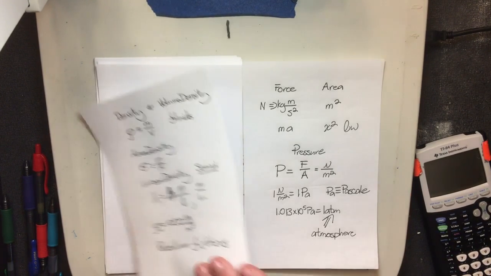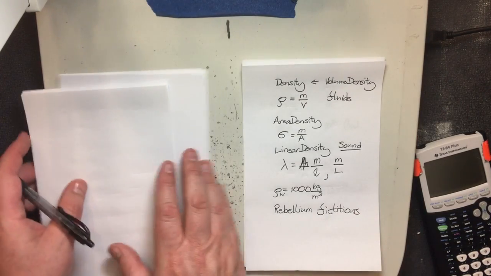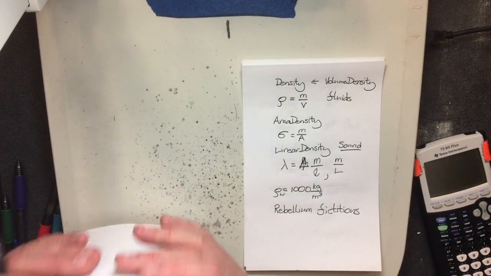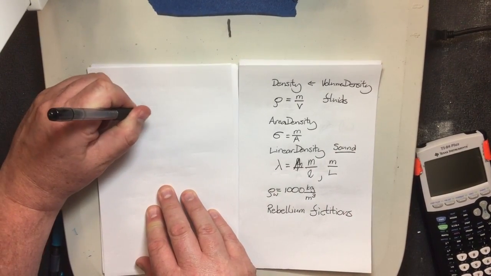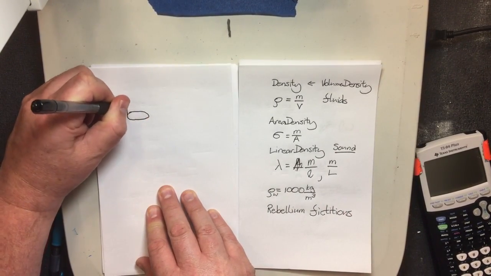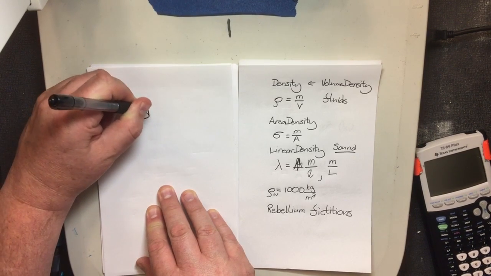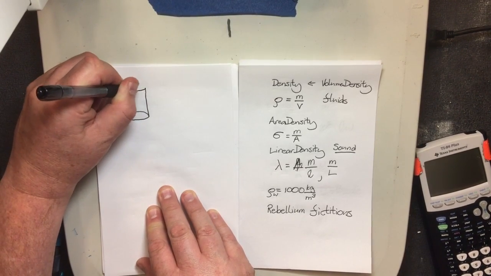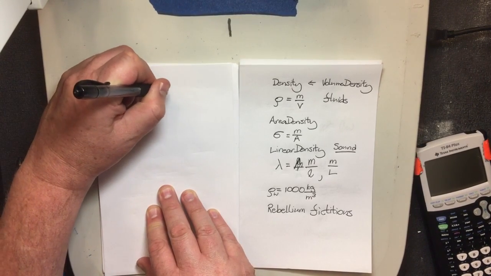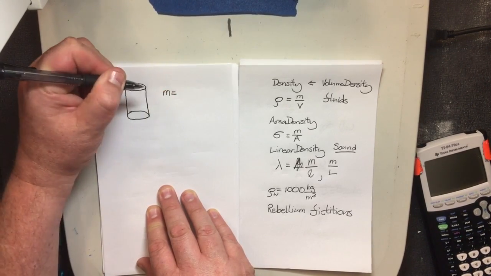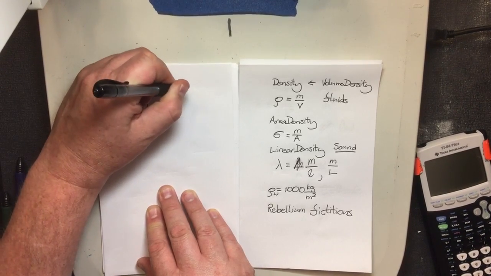So let's do a basic thing. Let's say you have a cylinder and the mass of the cylinder is 5,000 kilograms.